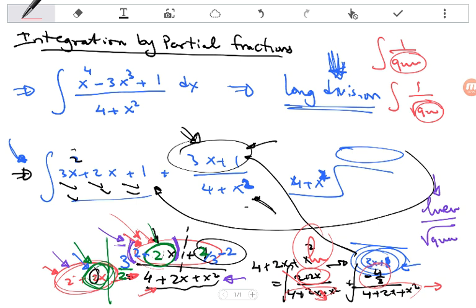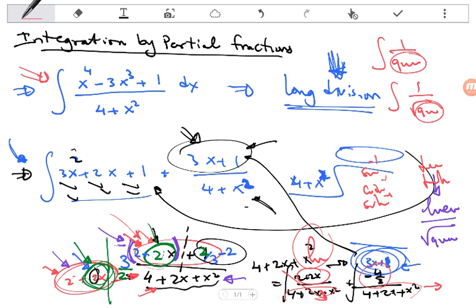It will be some inverse rule in the table, which will be tan inverse, or tanh inverse, or sine inverse, or cosine inverse, or sinh inverse. One of these 5 expressions in the table. Okay? So this is how to deal with expressions like these.